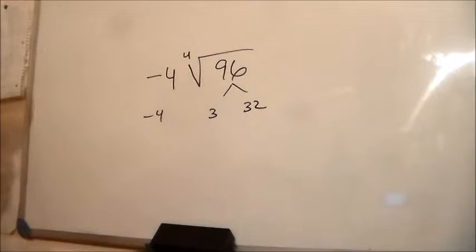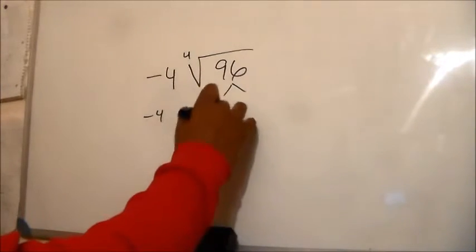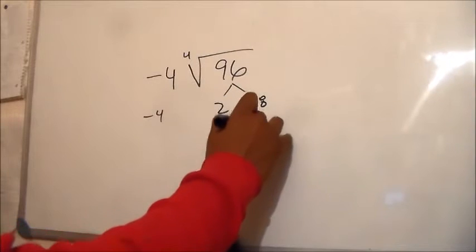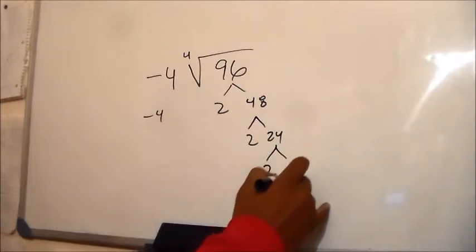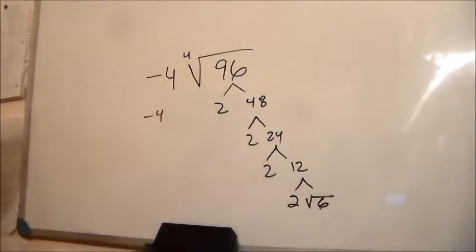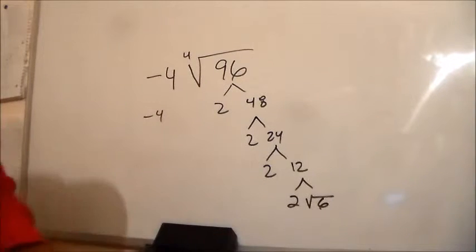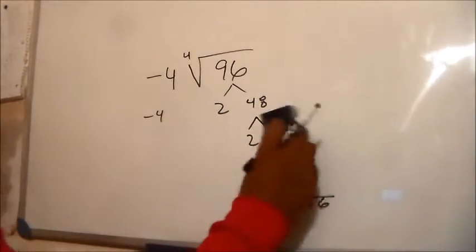I don't like that either. 4. No, 2 worked. Dividing by 2 worked. 2 into 96 is 48, 2, 24, 2, 12, 2 root 6. 1, 2, 3, 4 root 6. It's basically our answer, 2 root 6.